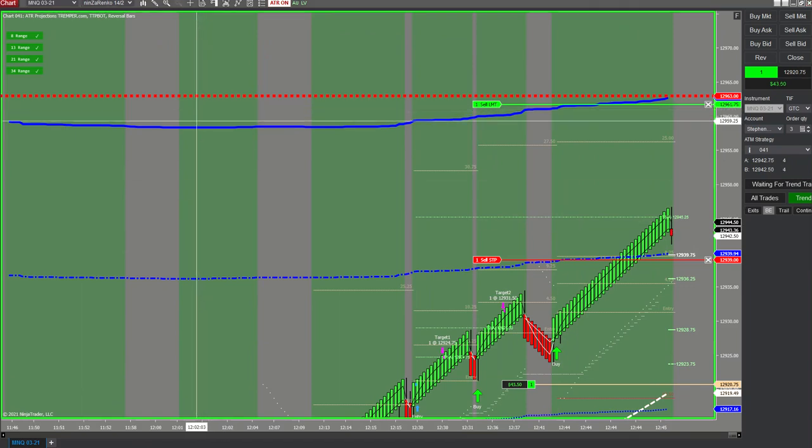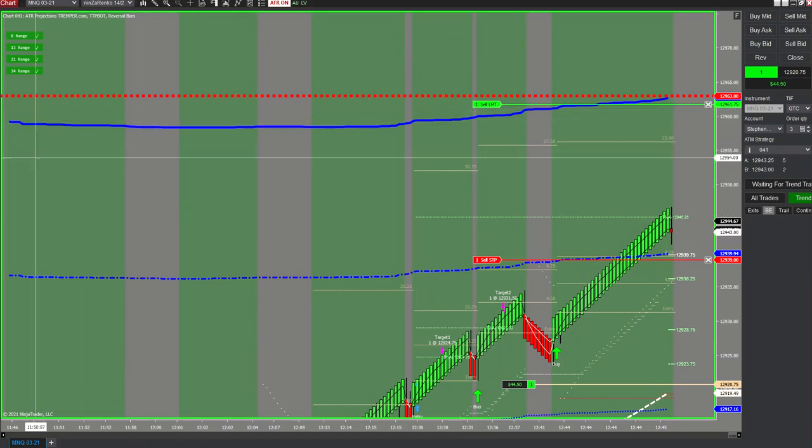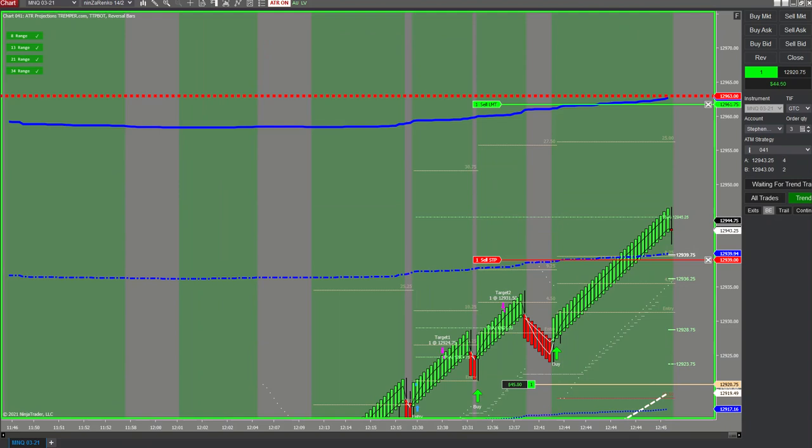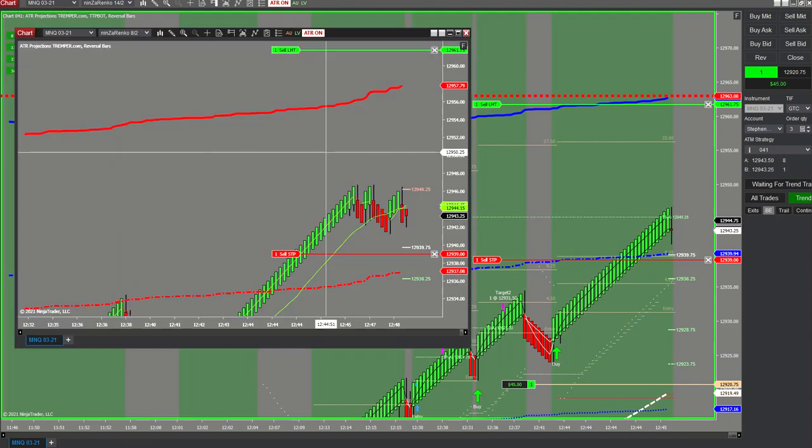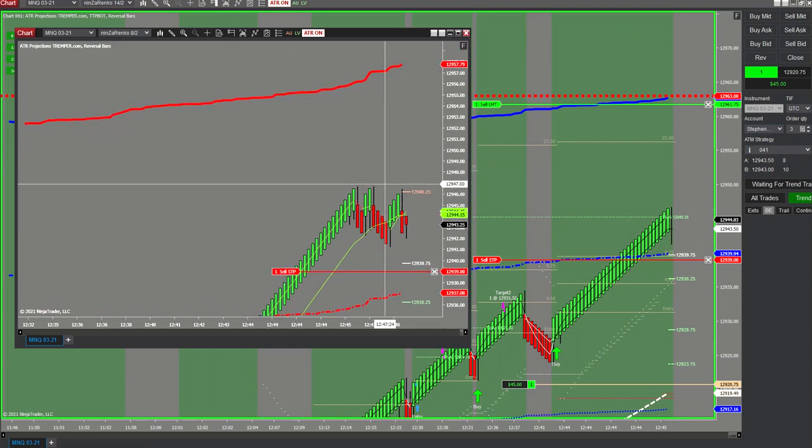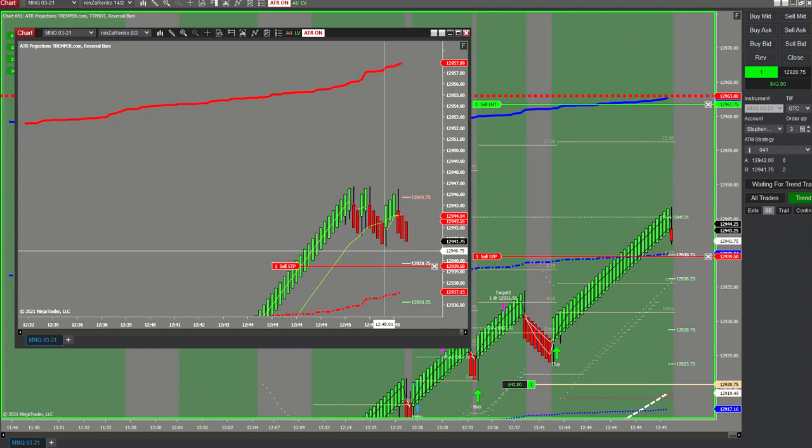So let's see. Well, it doesn't look like it's going to bust that, so I'm thinking there's a pivot. So there's where I should be right there, but I'm going to give it at least this reversal bar of the 14.2, which unfortunately is right at a perfect entry spot.